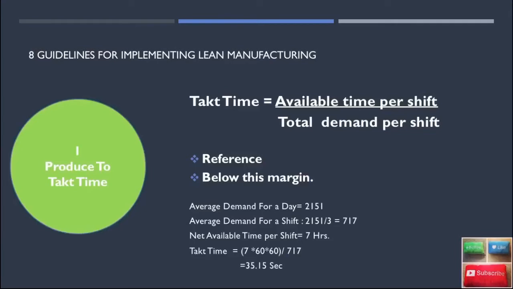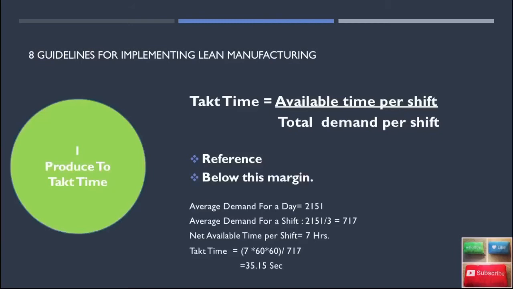What is takt time? Takt time is total available time per shift divided by total demand per shift. It means the time required for each product to be manufactured. So it is kind of a reference time, and all production needs to be produced below the takt time.